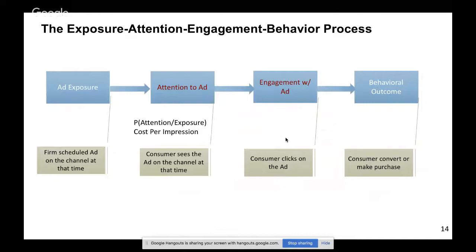There are several metrics we can use to measure this. First, the percentage of people who are exposed that actually pay attention to your ad. Second, because display advertising is usually paid through the CPM mechanism, you should be aware of the cost per impression you get.